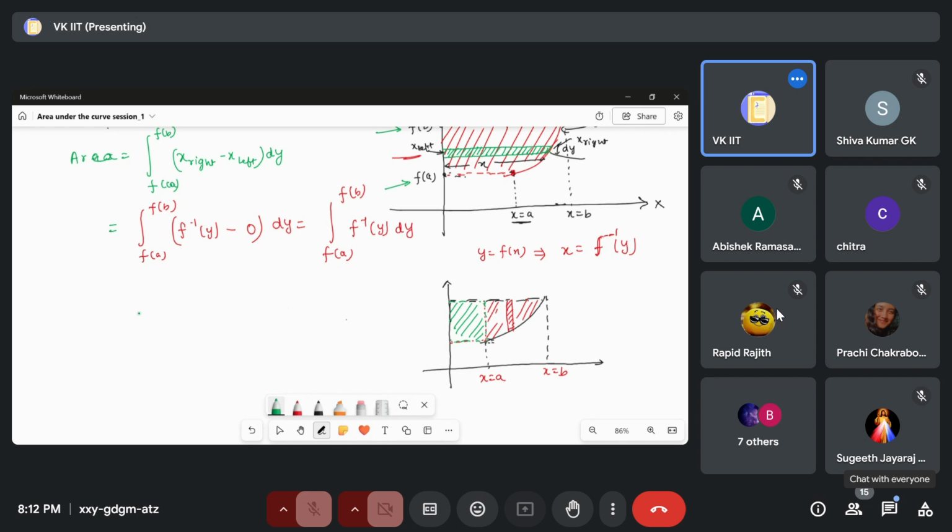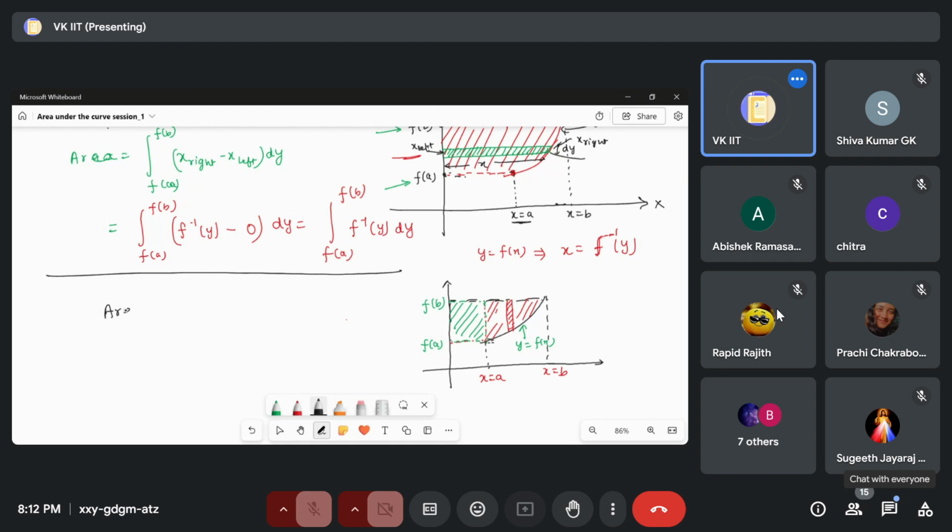Now see carefully. At x is equal to a, if this was the value of y is equal to f(x), this will remain the same, f of a, and this will remain the same, f of b. Now I am writing here.